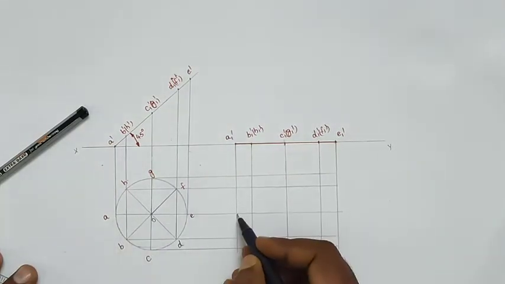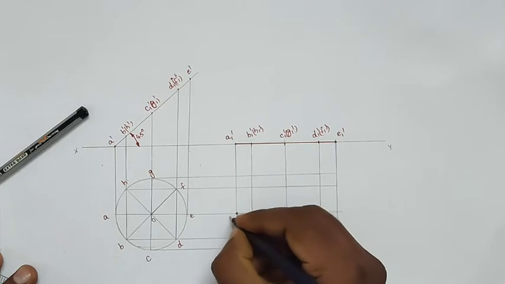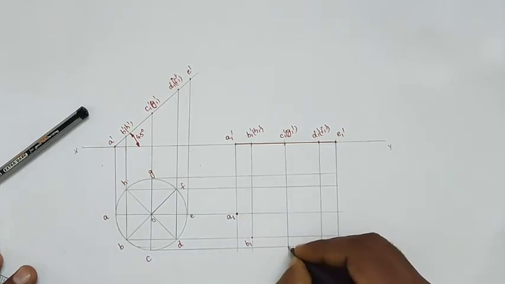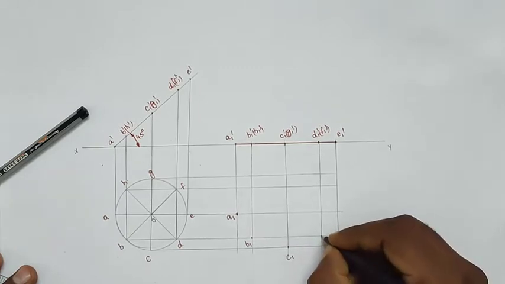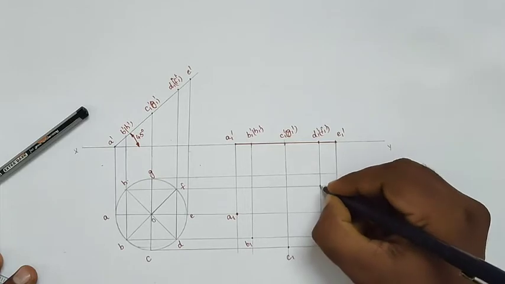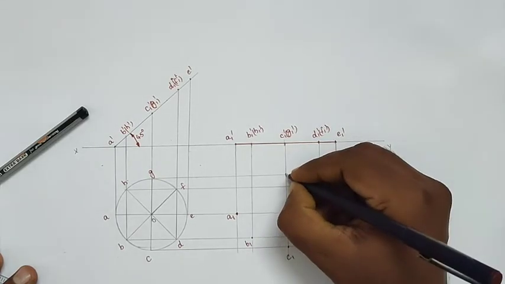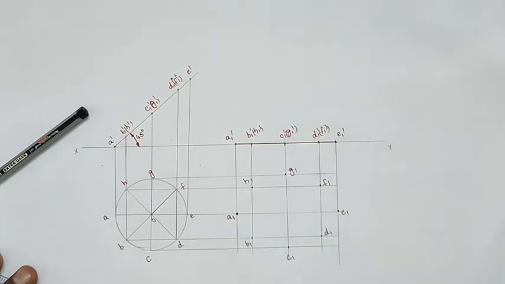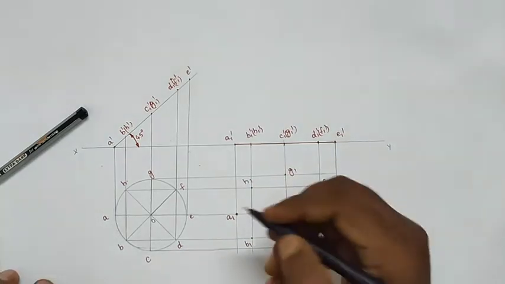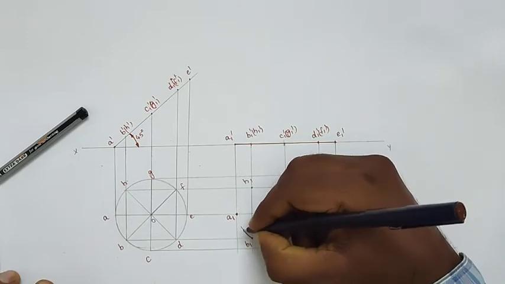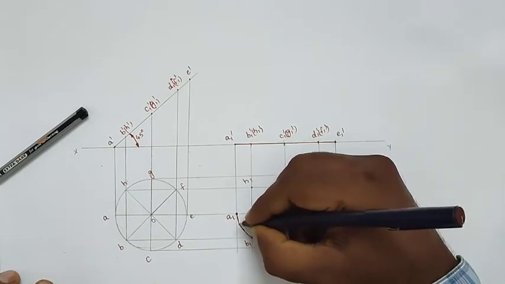So the A horizontal line and A vertical line, here you will get A1. Here you will get B1, and this is C1 and D1. Here you will get E1, and here you will get F1, and here you will get G1 and H1 points. Now joining all the points, we will draw a neat curve by using freehand sketch.